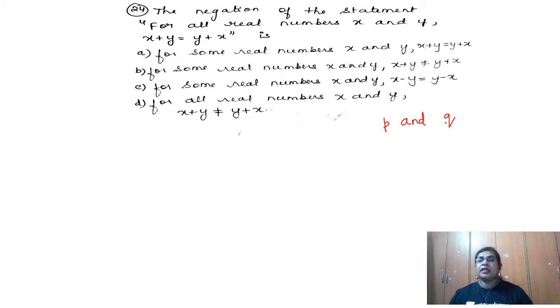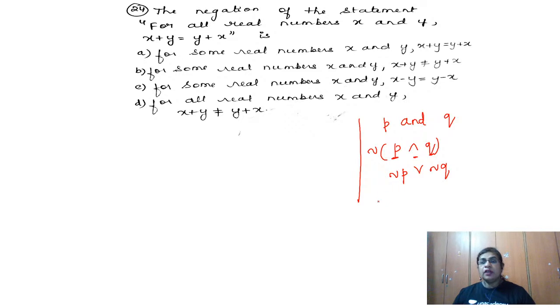How do we write the negation of this? It is the negation of P and Q. When you have and or, the connective changes and the statements are negated. So it becomes negation P or negation Q. This is the procedure when you have and or.